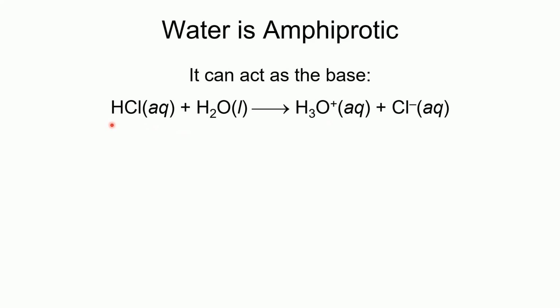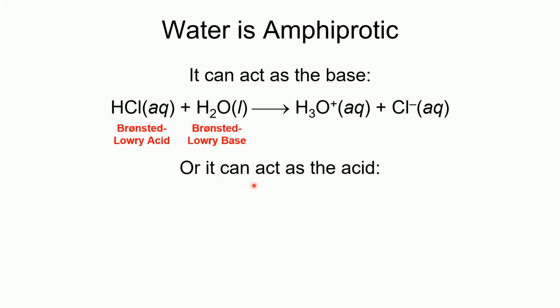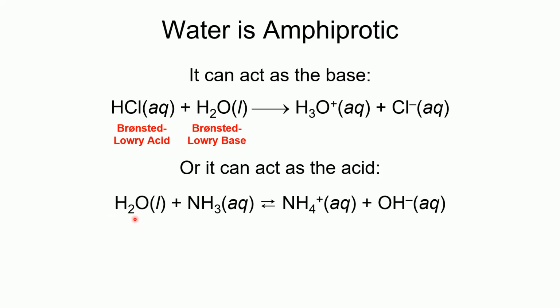In the case we saw earlier with hydrochloric acid, water was acting as a base, accepting H plus. In the case with ammonia that we saw a minute ago, water was acting as the Bronsted-Lowry acid. It was donating H plus, and ammonia was acting as the base. So water is amphiprotic. It can act as both.